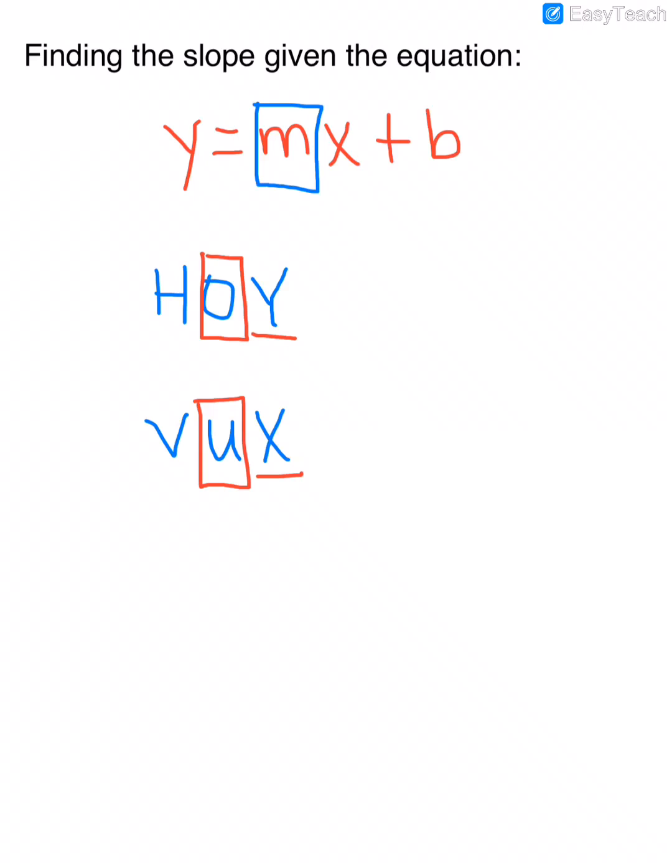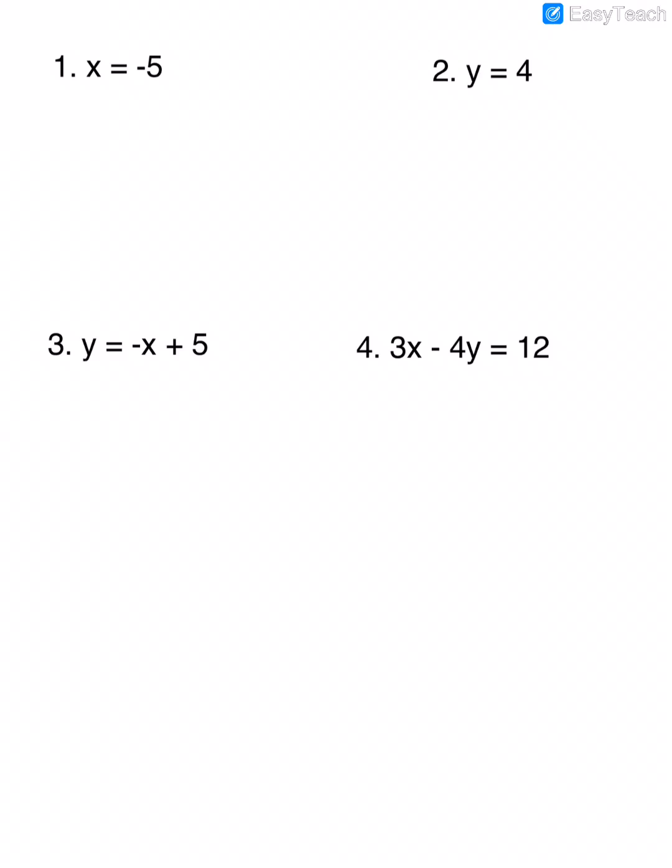So let's look at some equations. In number 1, there's only an x, so because of Vux, I know that my slope is undefined. For number 2, there's just a y. So because of Hoy, I know that my slope is 0.